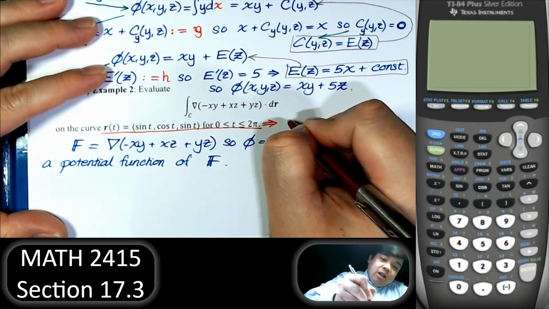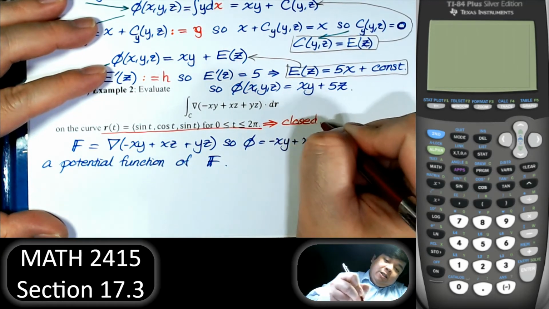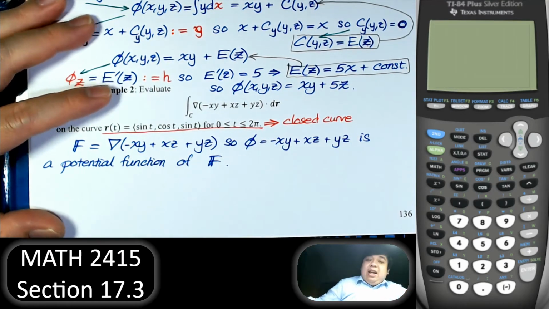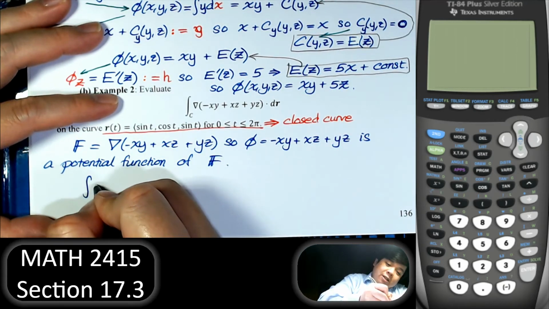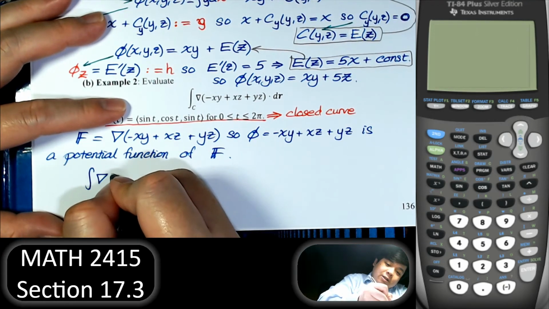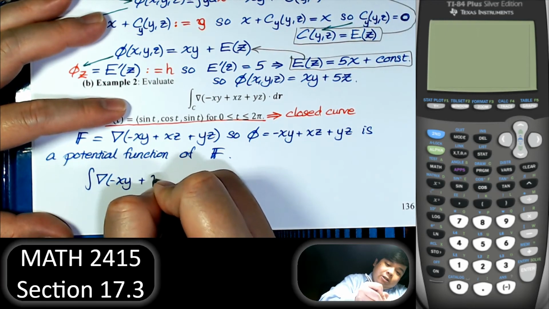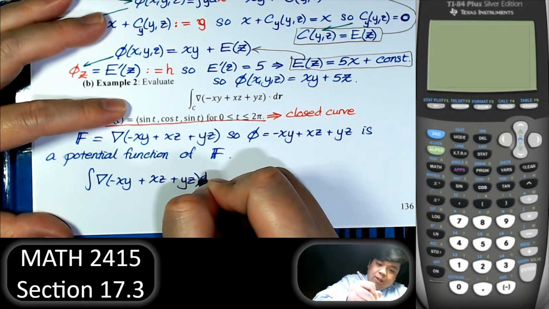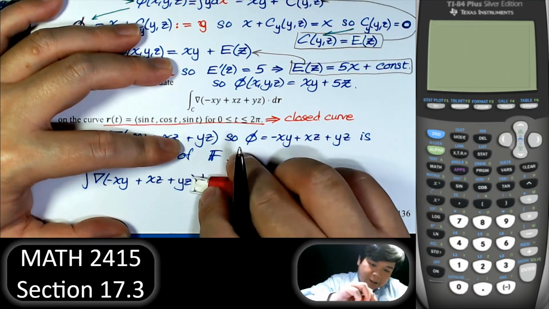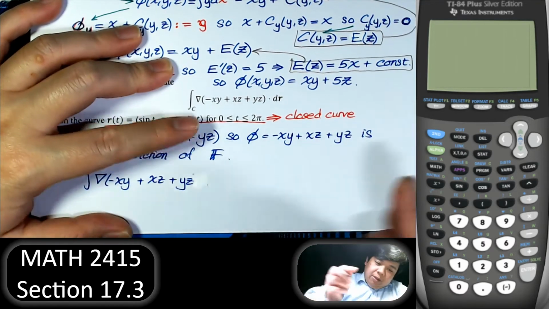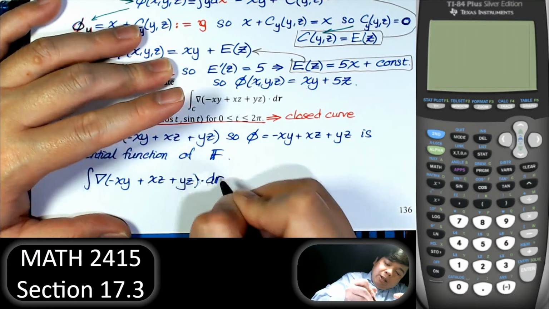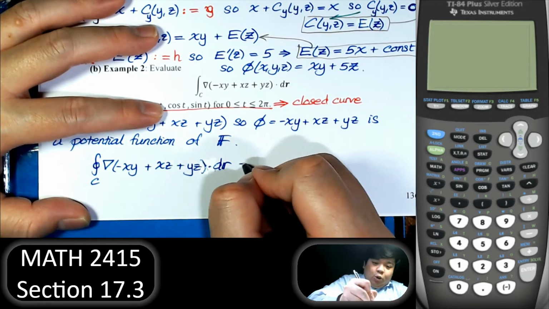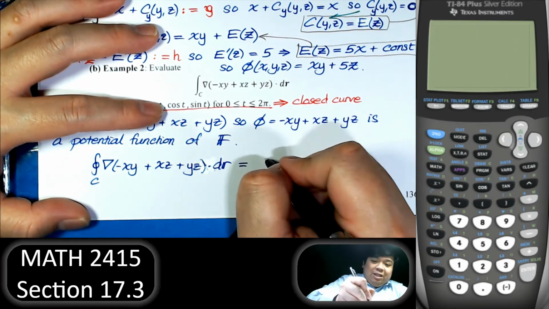So what we have here is a closed curve, because the endpoints are the same. Now if the endpoints are the same, the integral on the closed curve will be equal to what? Don't need to do anything.